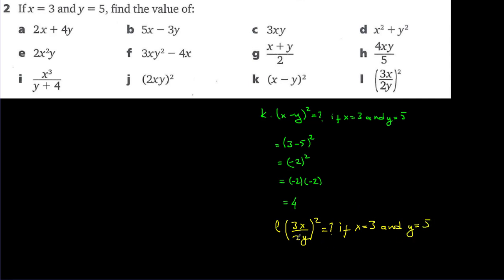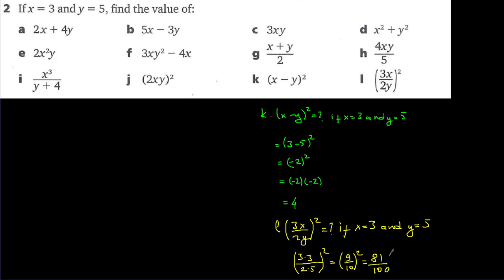So replace x by 3 times 3 divided by 2 times 5 square, which is equal to 9 over 10 square. Actually, we cannot simplify 9 and 10 because they don't have a common factor. 9 square is going to be equal to 81, 10 square is going to be equal to 100.